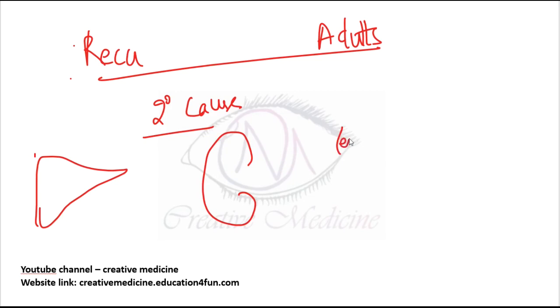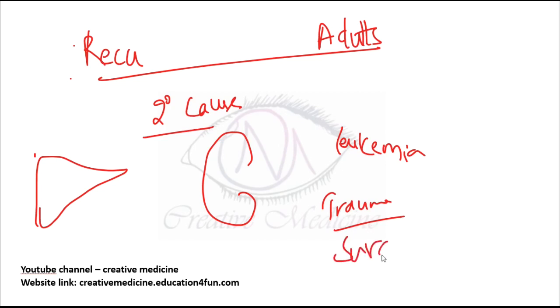Then if the adult has leukemia, in leukemia sometimes it presents with thrombocytopenia. Because of decreased blood platelets, obviously there will be recurrent epistaxis. Then trauma. Obviously, if there is any type of trauma, like the adult pricking the nose, or if there is any accident, or any injury to the nose, all these cause recurrent epistaxis.